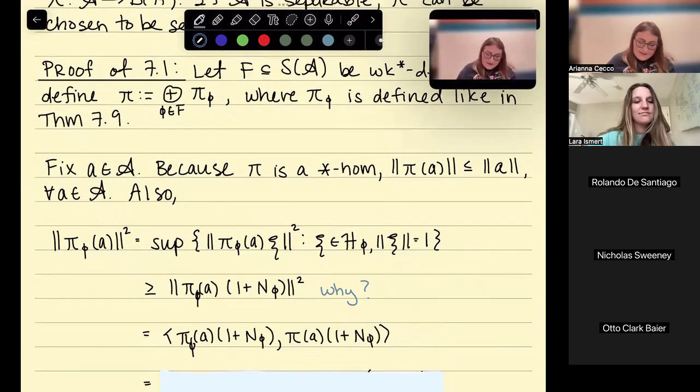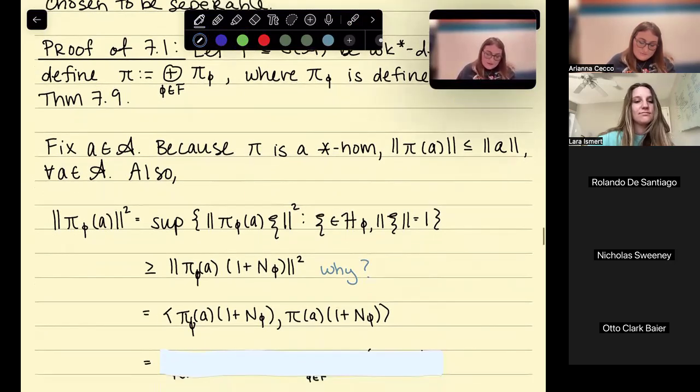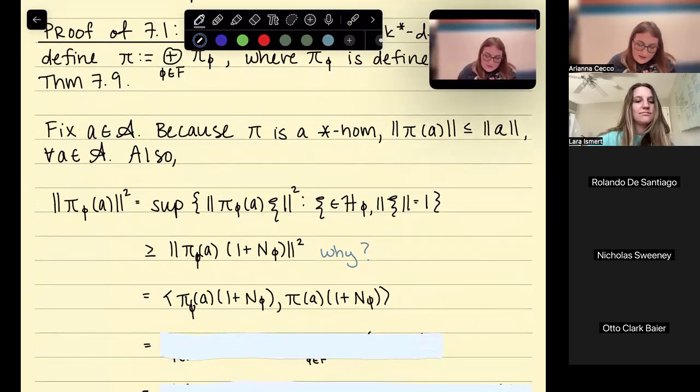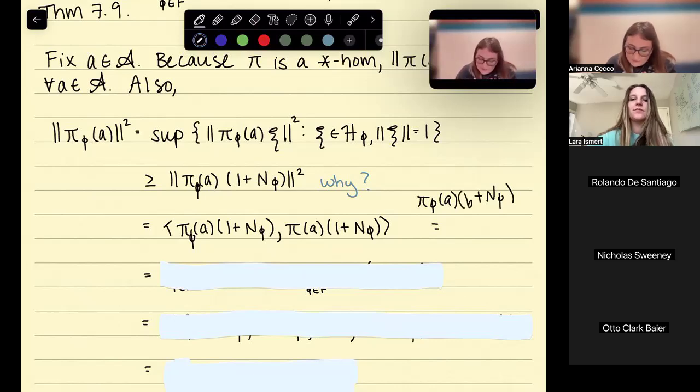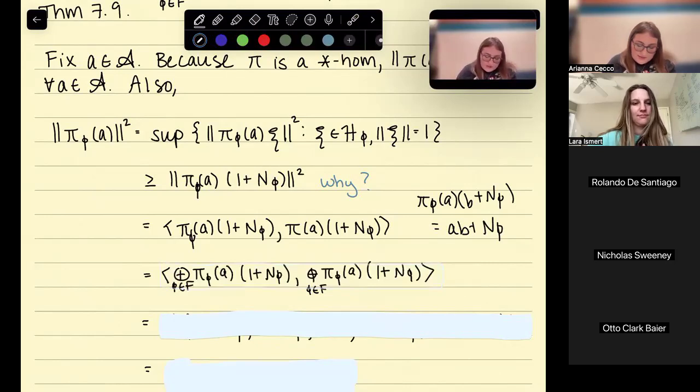Now I'm just rewriting this, that's just by definition. And then again, we want to use the formula we had before, that when we do pi sub phi of A applied to B plus n sub phi, we define this to be AB plus n sub phi. So here it's more simple.